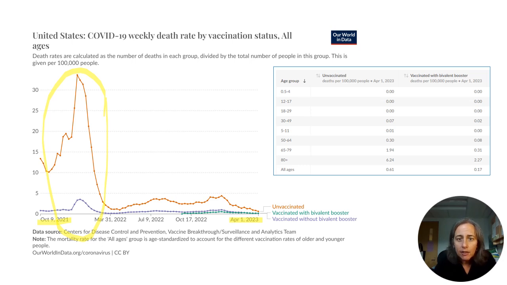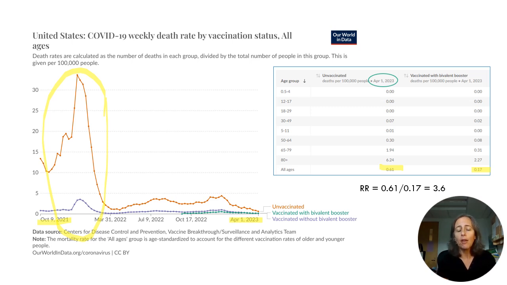And you can see here that 0.61 was the death rate for the unvaccinated and 0.17 for the vaccinated. So I do my relative risk, I divide the one by the other, and it's 3.6. So unvaccinated people were still more than 3 times as likely to die from COVID than vaccinated people, even as recently as the spring of 2023.